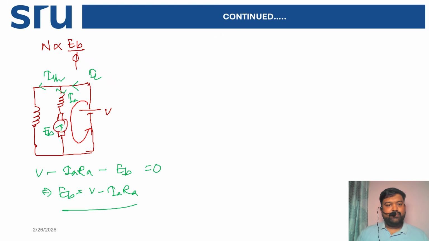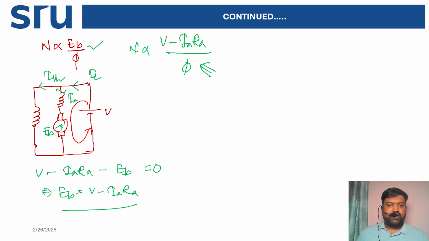Now you put this equation in this, then what you will get is that N is directly proportional to V minus IA into RA divided by phi. And in the shunt motor, we know that flux is constant.